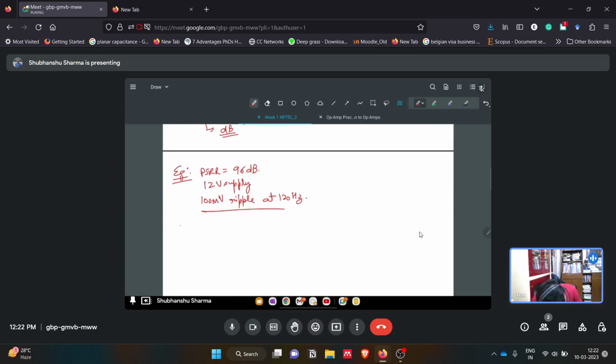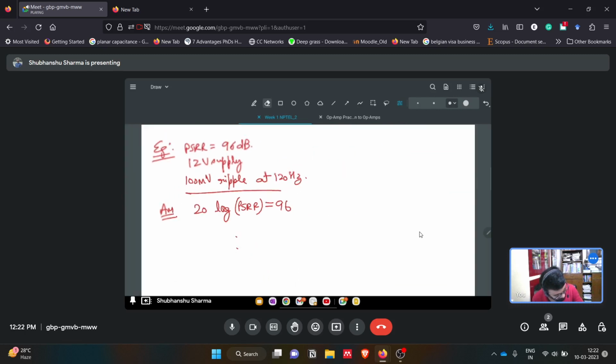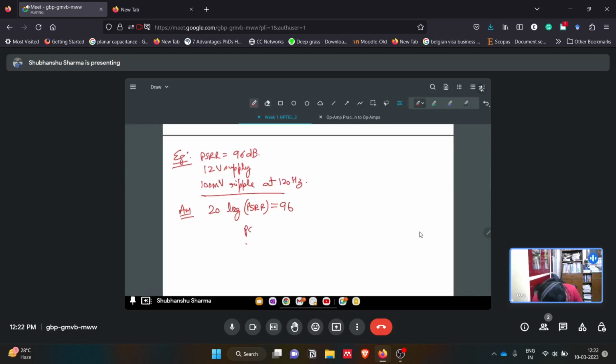The formula is 20 log of PSRR equals 96, which we have been given. So PSRR equals 10 to the power 96 by 20, which is about 63,000.